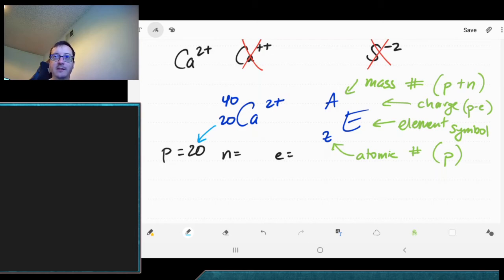All right, neutrons then. Well, if we look on the right side here, all this information we have is information about protons. We have information about neutrons in the top left number.